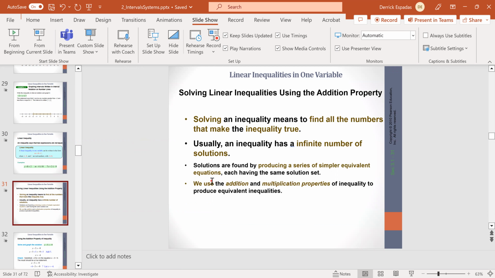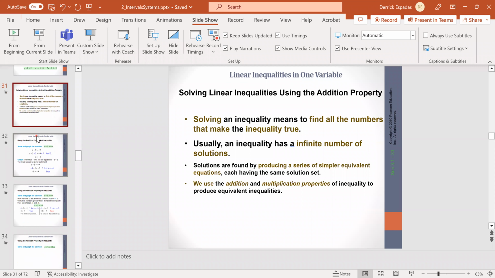Usually there's an infinite number of solutions, but not in the case where we had the bookends. It can be infinite, though. If we think about x is less than 2, all those numbers heading to the left of 2 forever and ever are going to be solutions.